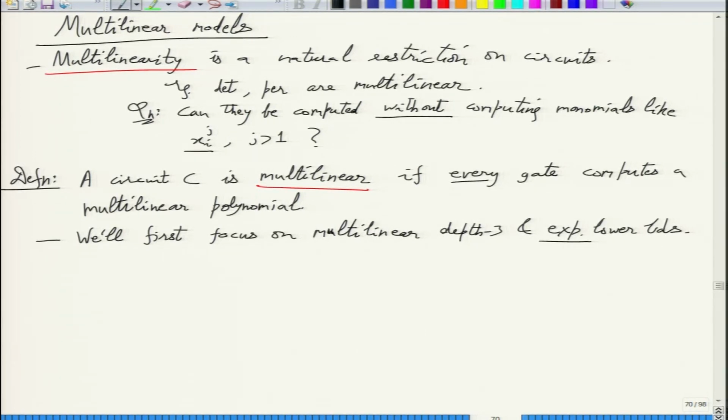So the thing about the multilinear model, and why this has been studied so much, is this partial derivative idea works very well under this restriction. So we'll continue with the measures that use partial derivatives. In fact, this partial derivative space.